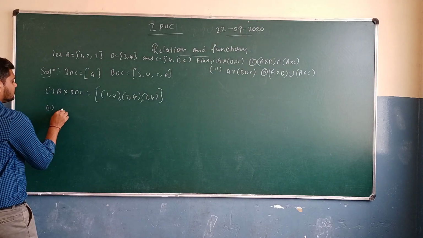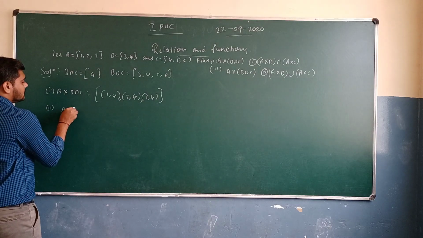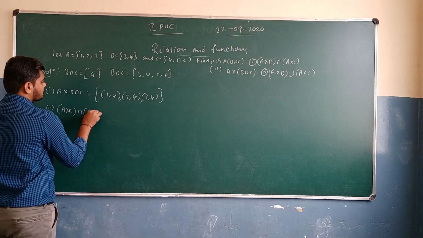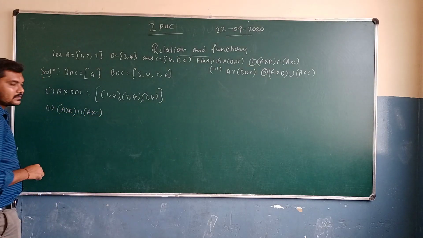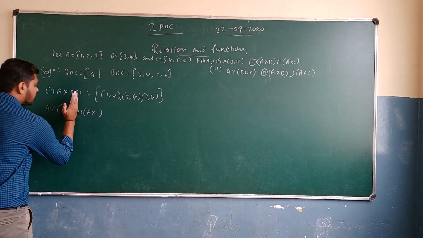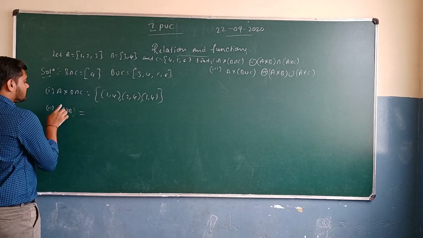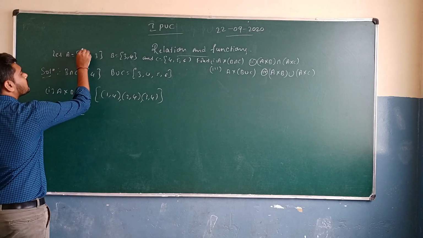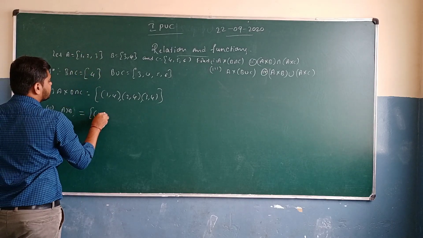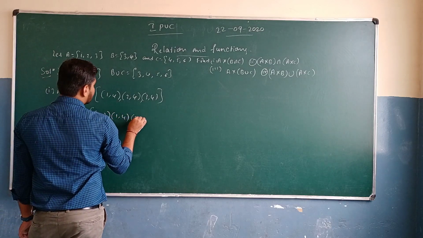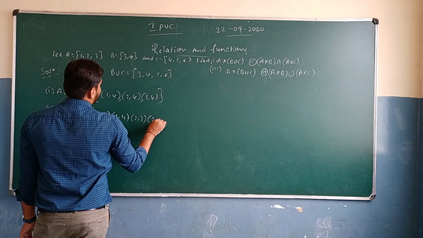Next, the second one: A cross B intersection A cross C. For this, we first find A cross B. So A cross B is equal to 1,3, 1,4, then 2,3, 2,4, then 3,3, 3,4.